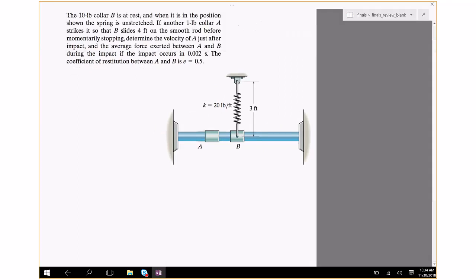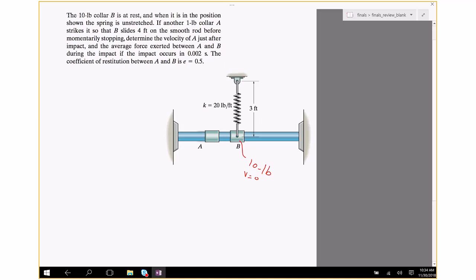The 10 lb collar B is at rest, so its speed is 0, and it is in the position shown. The spring is unstretched, so the spring here has no force when it's vertical.